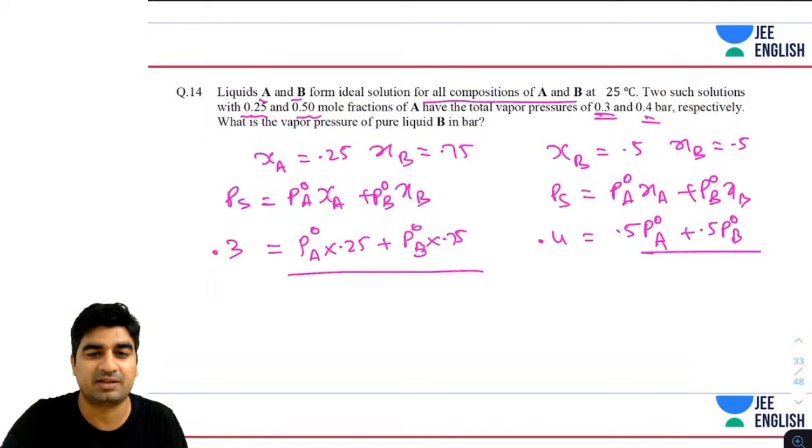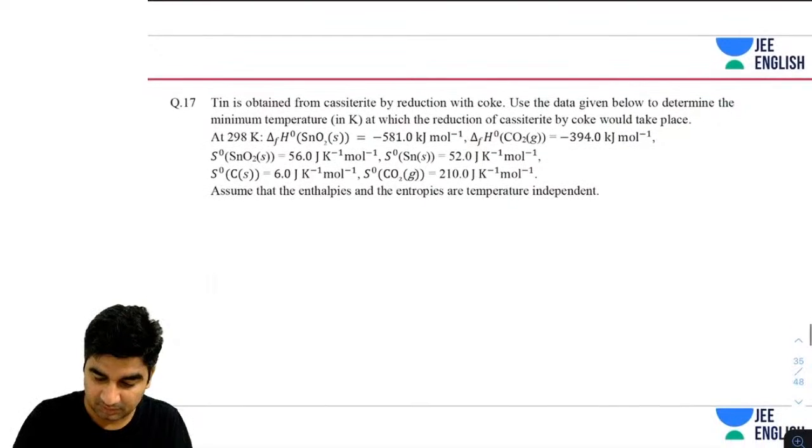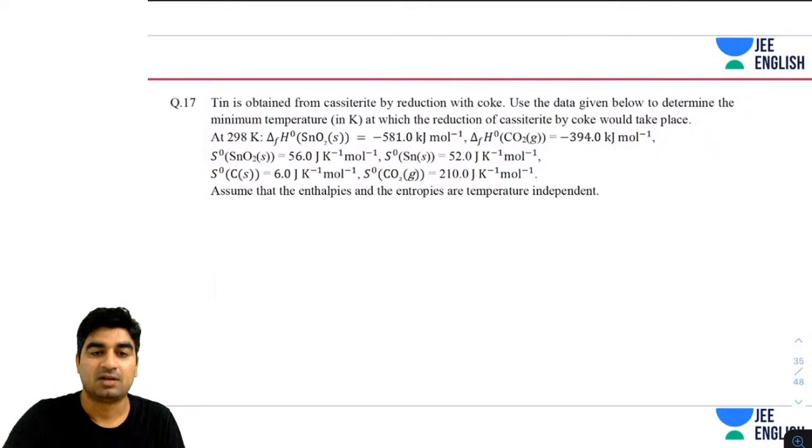You can solve them easily. There are only two variables, and I don't think there is anything which you cannot do. Tell me, guys. It was an easy problem. Are you getting it? Now let's do it, guys. How will you do it?